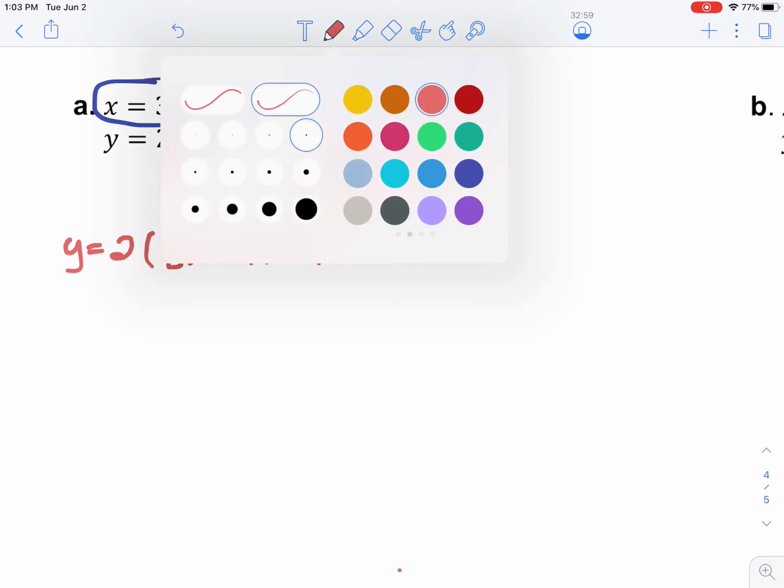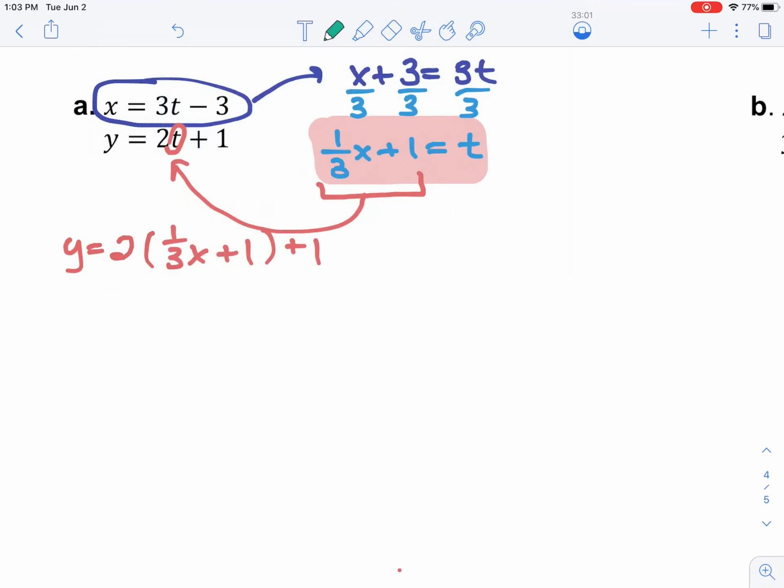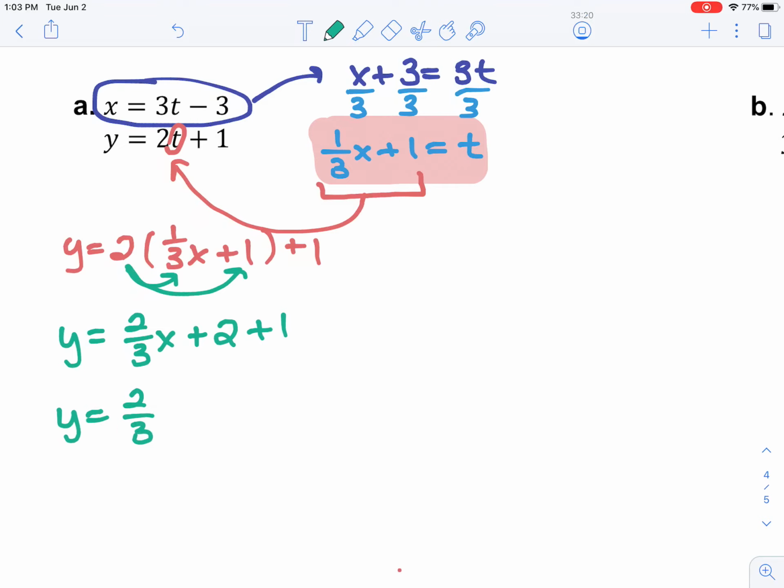And at this point I can do some simplifying. I can distribute my 2 to the 1/3 and find that y is equal to 2/3 x plus 2 times 1, which is 2, and then we have that trailing 1 at the end. So what I've done is I've written y in terms of x.